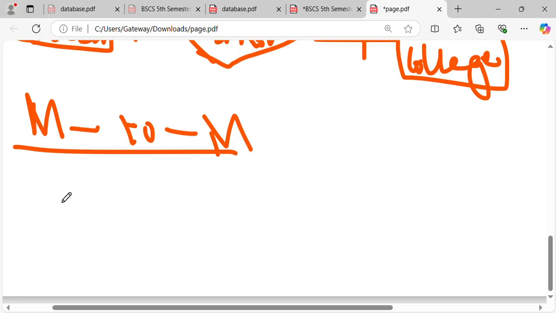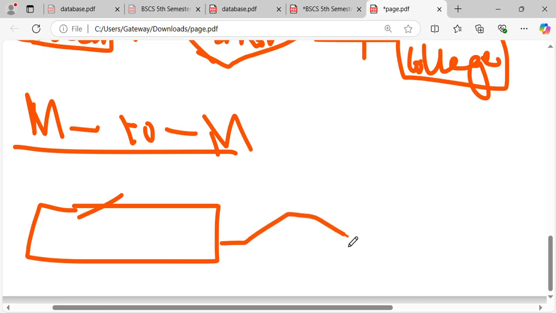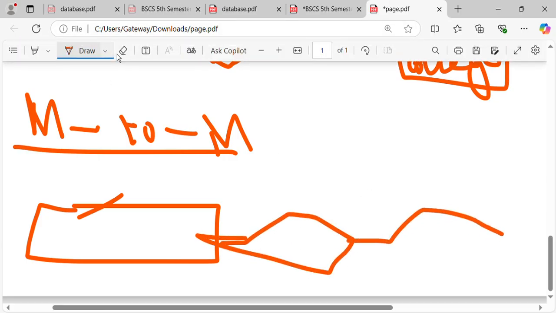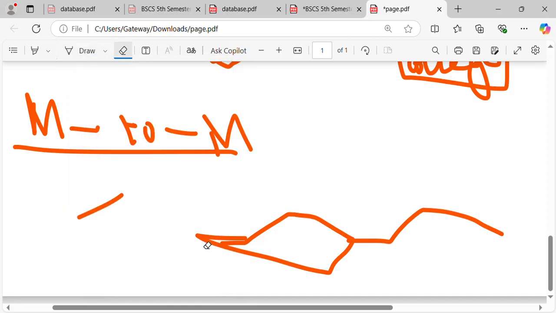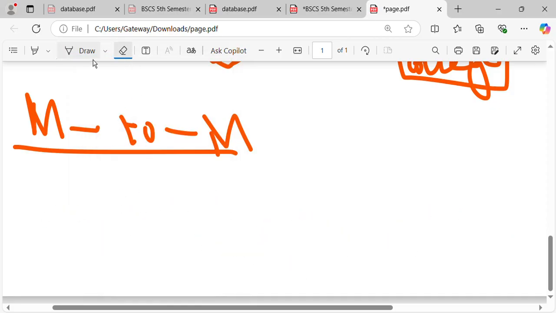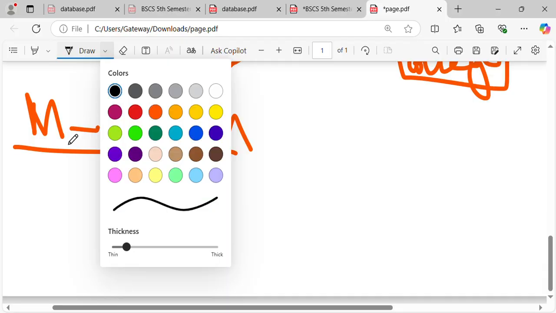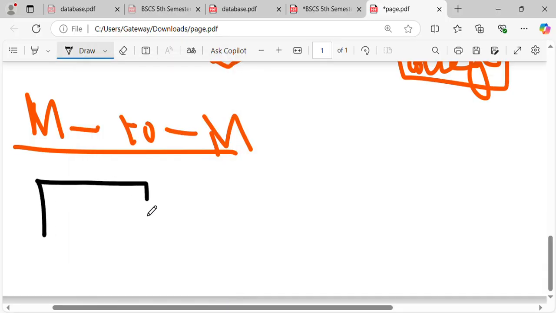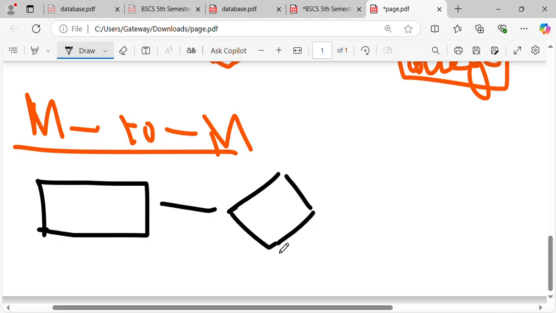In the many-to-many relationship, we have many instances of an entity linking with many instances of another entity, right? So let's do it. We have an entity here, then we have a diamond shape here, and then we again have an entity here.